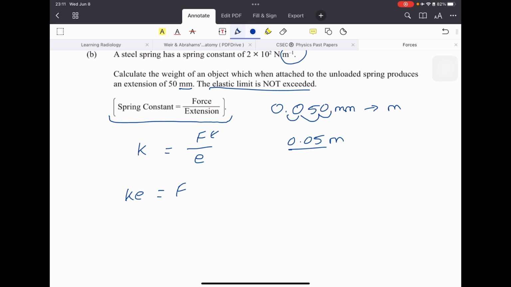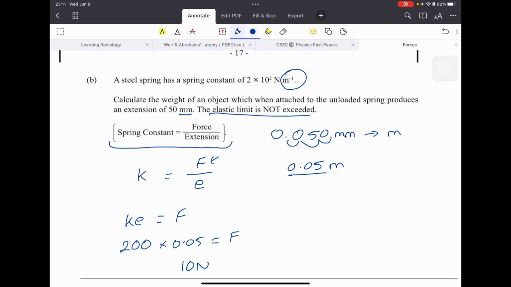So the K is 2 by 10 to the 2, which is essentially 200, multiplied by 0.05 will give us the force. Let's see what that would be. 200 by 0.05, and our force is 10 newtons. Right, very simple calculation.